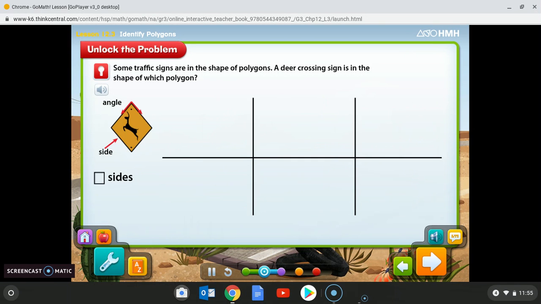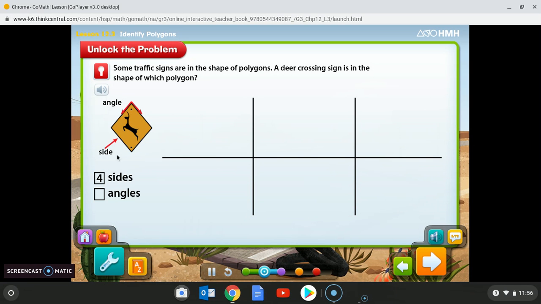So now that we know those 6 types of polygons, we're going to describe this deer crossing sign using what we know. We know that this deer crossing sign has how many sides? Let's count. 1, 2, 3, 4. 4 sides.